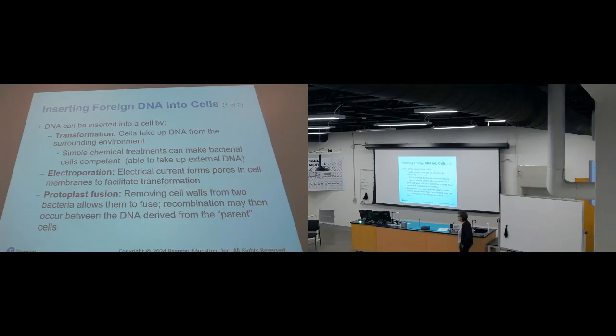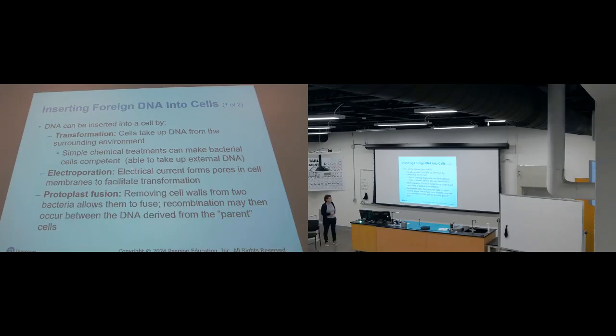So you will make something called competent cells. Some of these competent cells can be commercially available, in which case you don't have to make them. But if you don't have them available commercially, you can make them by creating these pores in the plasma membrane, and then the cells can take up this DNA. If you created your competent cells, you can freeze them and use them for later.